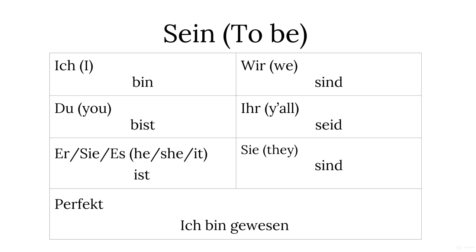In other words, gewesen is the Vergangenheitsform of the verb sein. Ich bin gewesen, du bist gewesen, sie es ist gewesen, and so on. Gewesen always stays the same. It never changes, regardless of the pronoun.